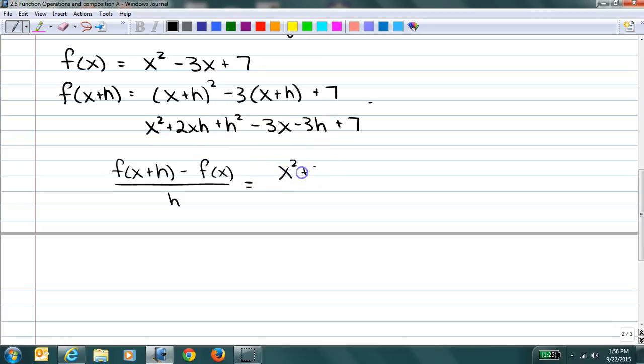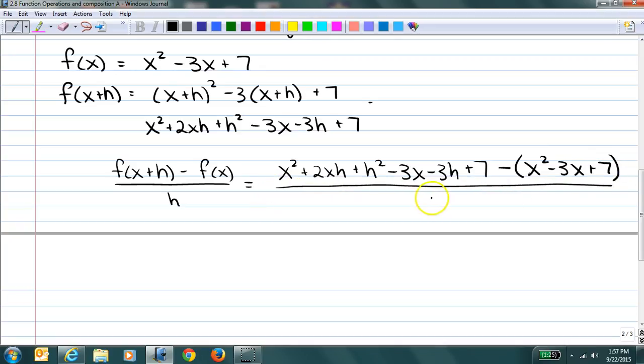X squared plus 2xh plus h squared minus 3x minus 3h plus 7. And then we're going to subtract f of x, the quantity x squared minus 3x plus 7. Whole thing over h.